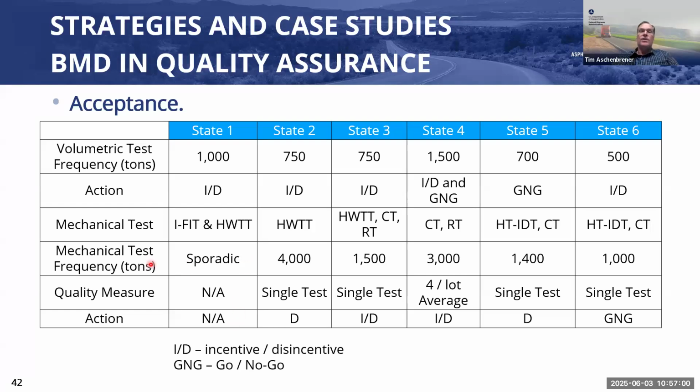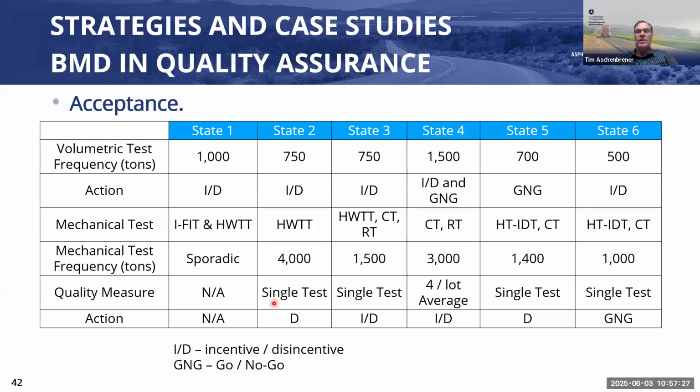But the other 5 states are using balanced mixed design as part of the acceptance. As we look at how they do that with the quality measure, 4 of these 5 states are just using a single test. So that single test in 4,000 tons or that single test in 1,000 tons is having an action. I should mention that single test is the product of replicates.